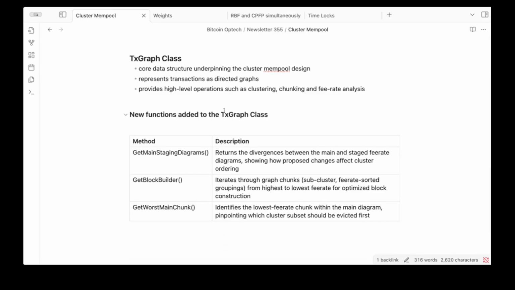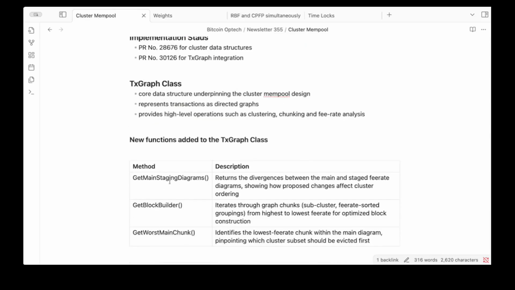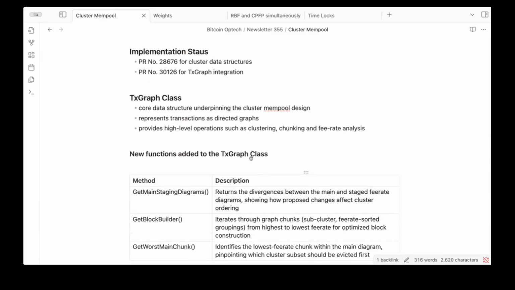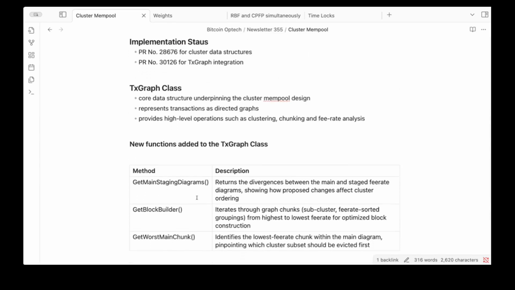So basically, for example, in this cluster, if you are replacing this chunk with some other chunk, using this main staging diagram you can get details about how this particular change will affect the cluster's ordering and so on. So you can do that with this function.